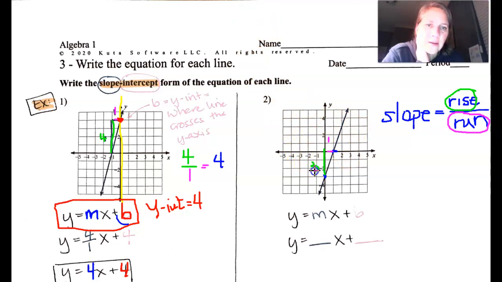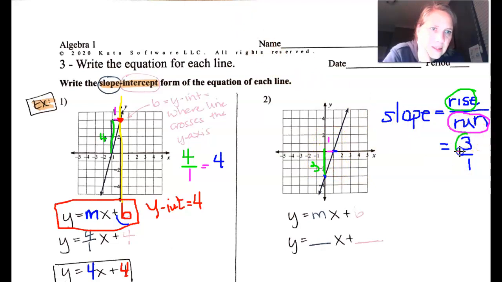So my slope is going to be equals the rise, which is 3, over the run, which is 1. 3 over 1. Let's circle those with their colors.